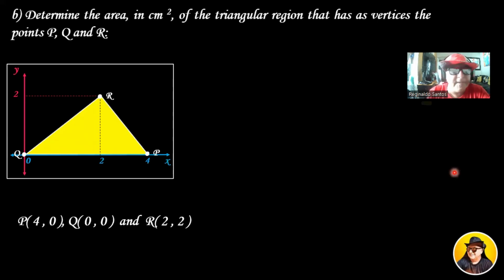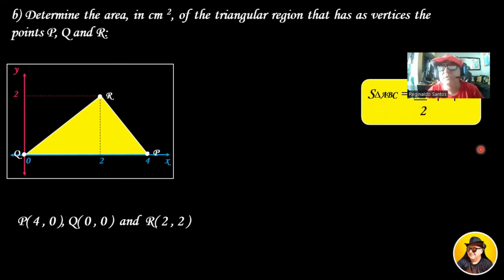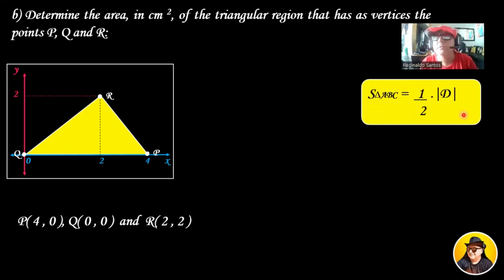All right. So just 1 second. Let me move my window. Excellent. So the surface area of the triangle PQR is 1/2 times the modulus of the determinant. Let's get the determinant by the rule of Sarrus. Remember? So point P is 4 and 0.